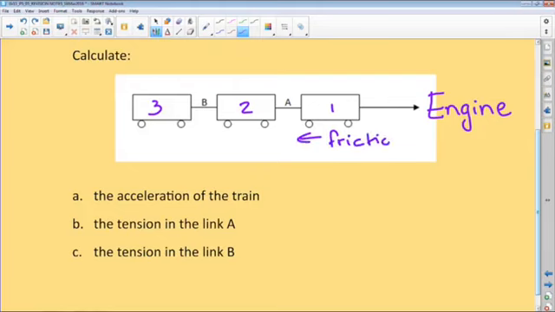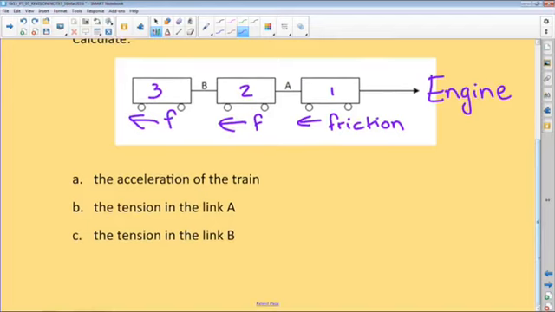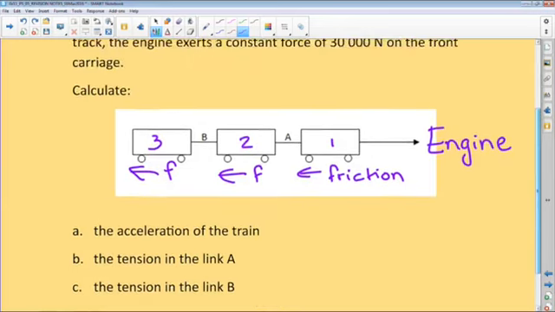I'll write the word out fully here, but I'm just going to write a small f there and a small f there. So it tells us each carriage has got friction. And then it asks us for these 3 questions. Calculate the acceleration of the train, then calculate the tension in the link A, and then calculate the tension in the link B.